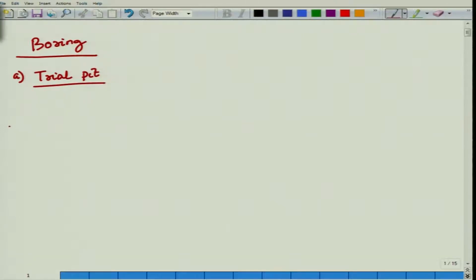In this trial pit, we generally make a pit of 1 meter by 1 meter by 1 meter, then push these sampler tubes inside the ground surface.